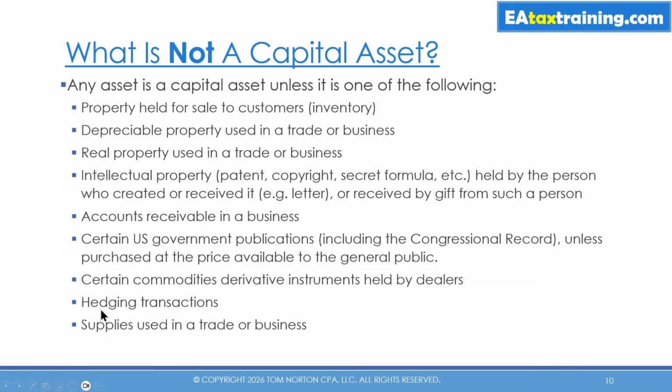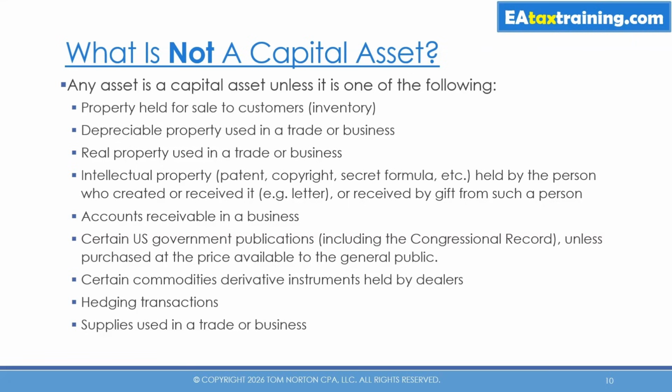So this is another investment concept. But when you enter into a hedging transaction, you are buying an asset that you do not expect to make a profit on. You are buying it to hedge another asset that you have. When you buy an asset as a hedge, it's really more like buying insurance. It's like insurance expense rather than a true asset that you are trying to make a profit on. Therefore, it is not a capital asset.